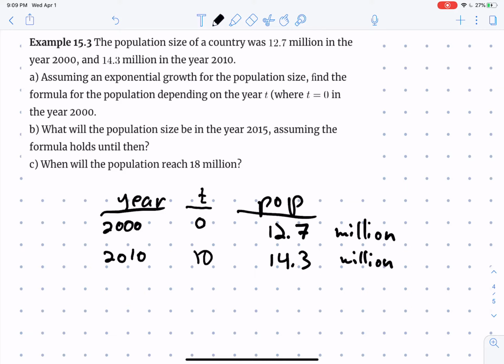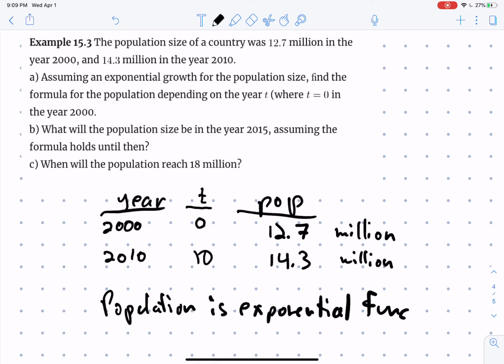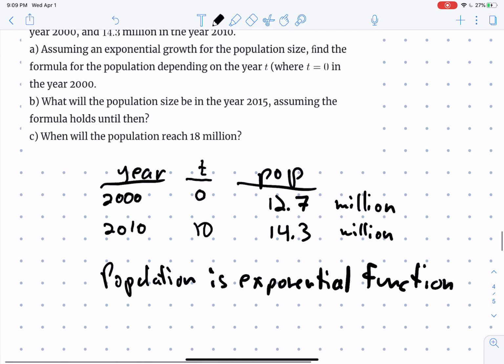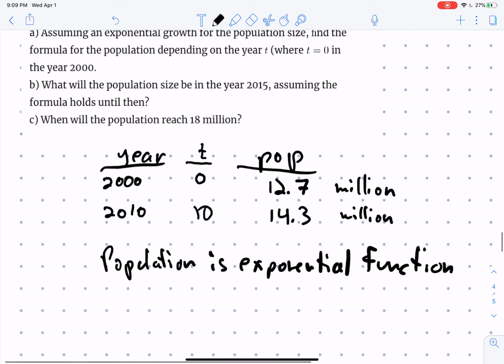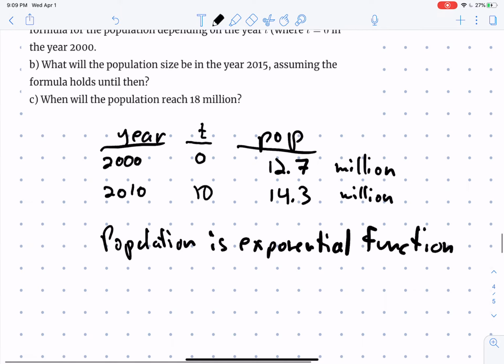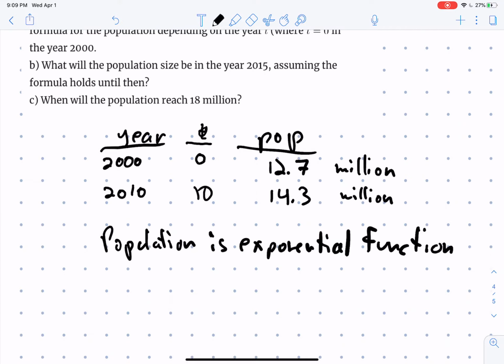If the population is an exponential function, we know that it's equal to c times b to the x. Here, instead of using x as our independent variable, we're going to be using t because it's time.